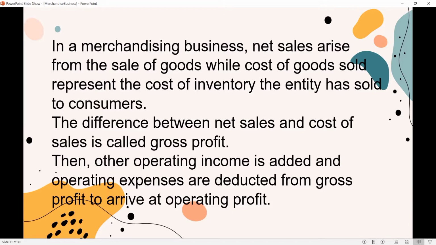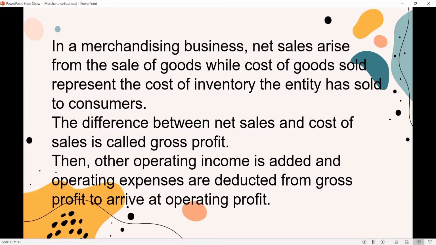So, 'di ba, once na operating income, it is added, yung expenses naman deducted, such as distribution costs, administrative expenses and other operating expenses. It should be deducted. Well, the operating income is added.